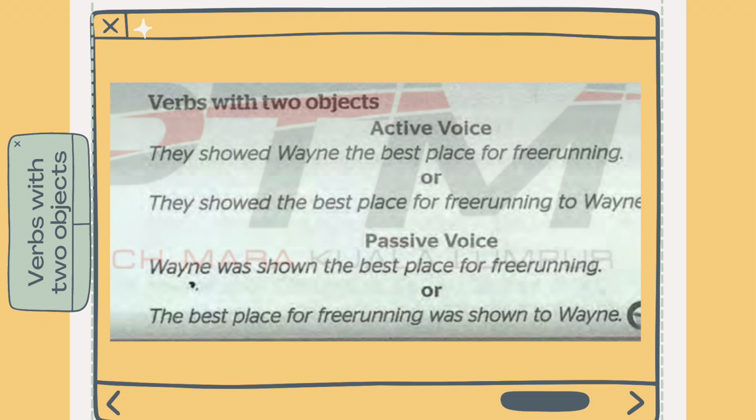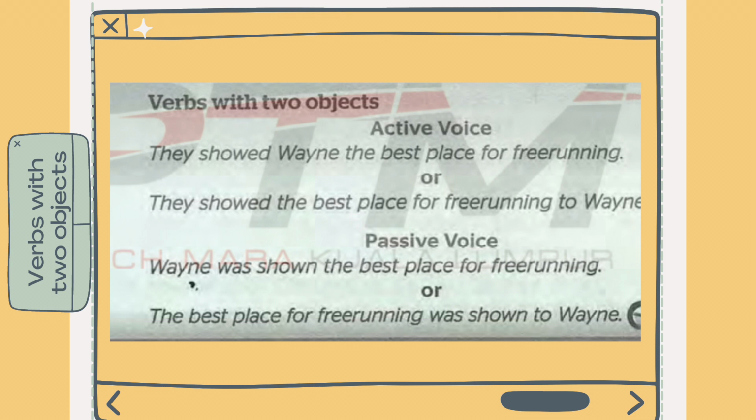If you notice, we have two objects here, which are the direct and indirect. To change to the passive voice, the first one: Wayne was shown the best place for free running. Or: the best place for free running was shown to Wayne.